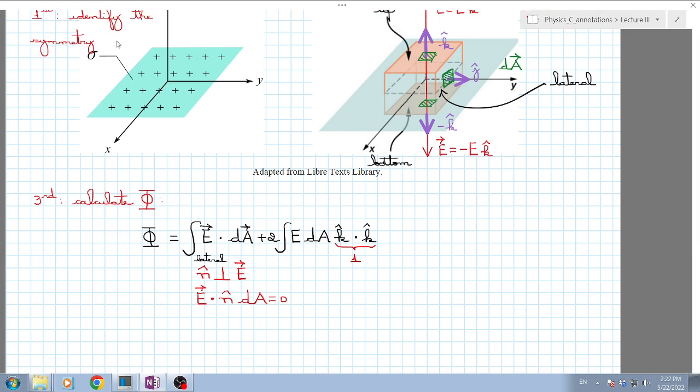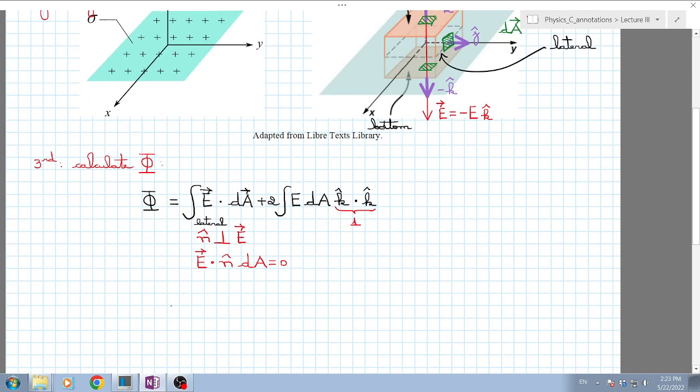This is going to give me E, and the area of this square. So the electric flux is going to be twice E, the electric field, multiplied by the area of the top or bottom surface of this box.